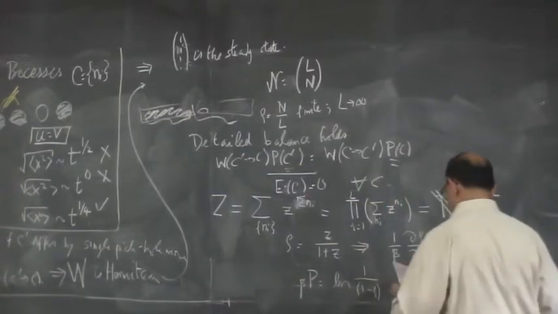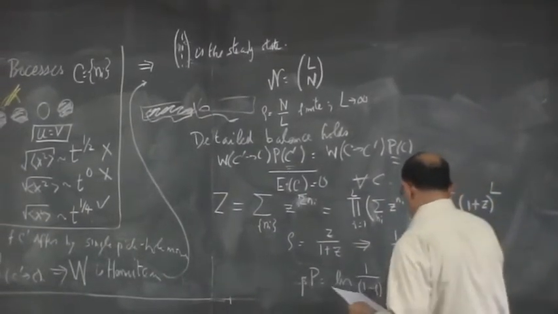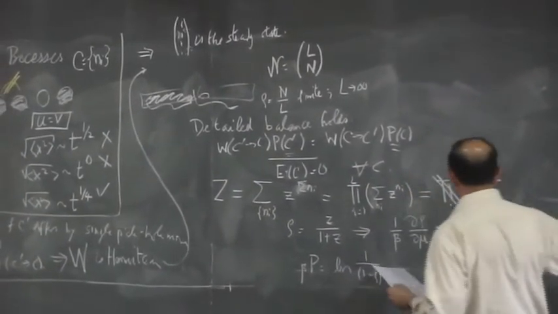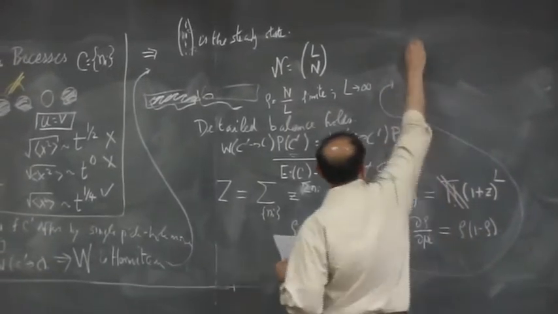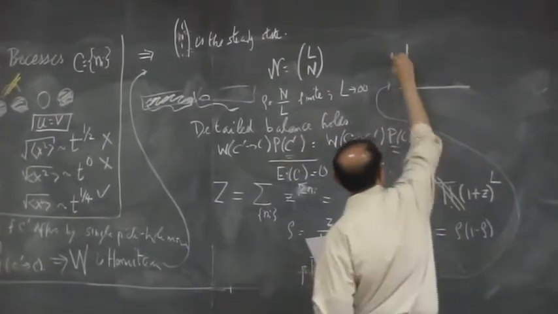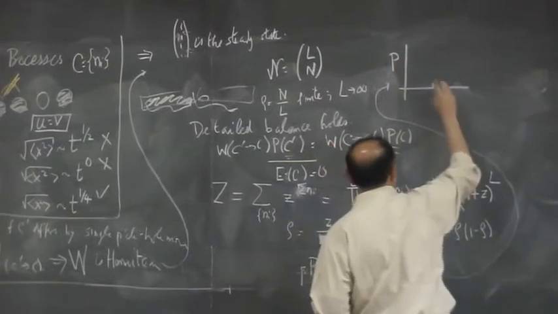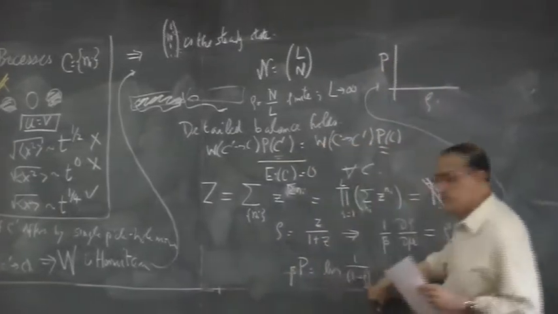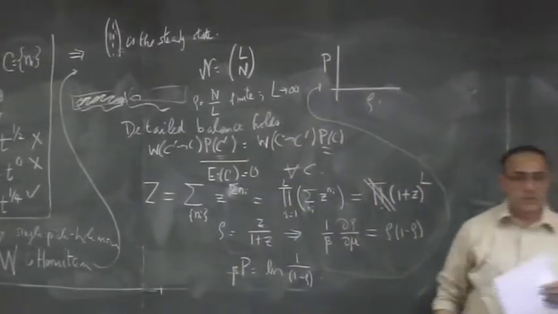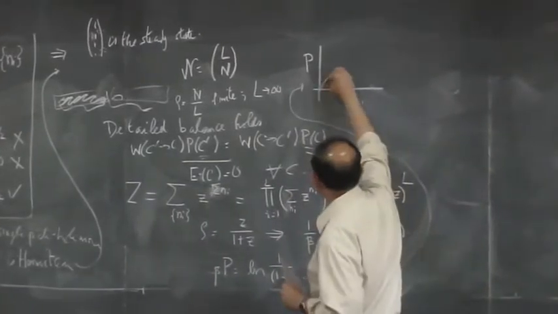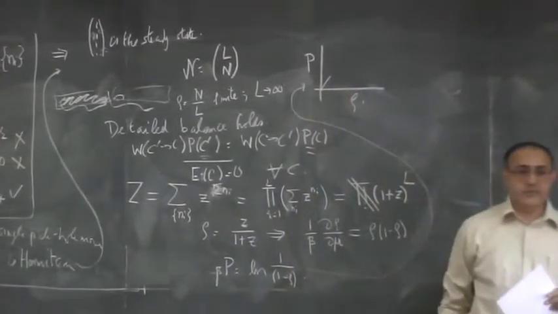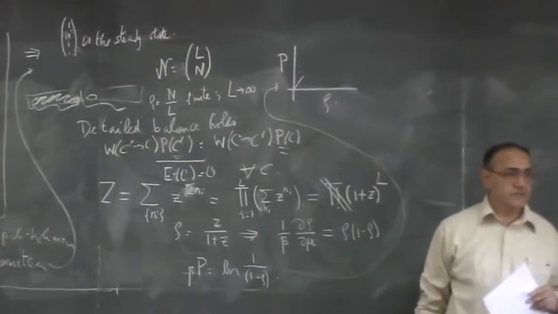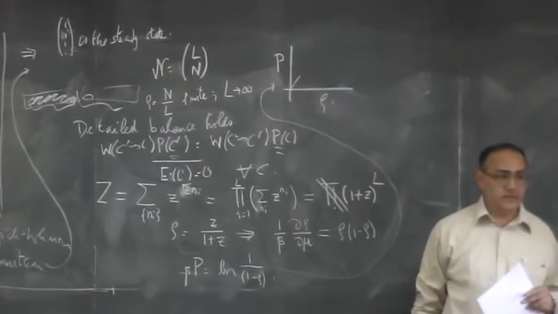It's instructive to plot the pressure versus density. What it looks like is that at small rho, you can expand the log and it's linear. It has to be. It's like an ideal gas, so P is rho kT.